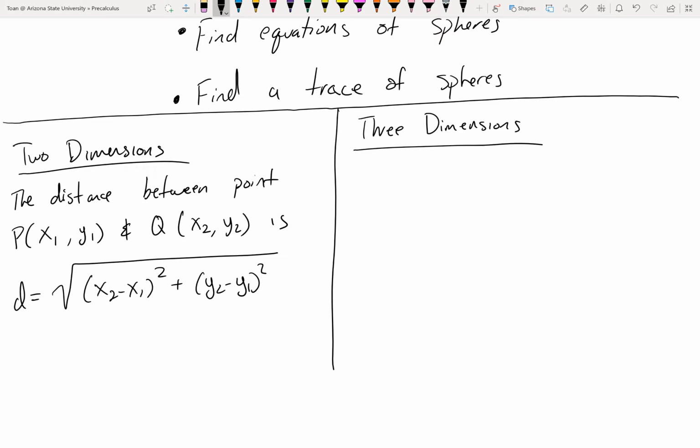Well, guess what? If I want to find the distance between 2 points in 3 space, the only thing that's different between 2 space and 3 space is that 3 space has an extra dimension.